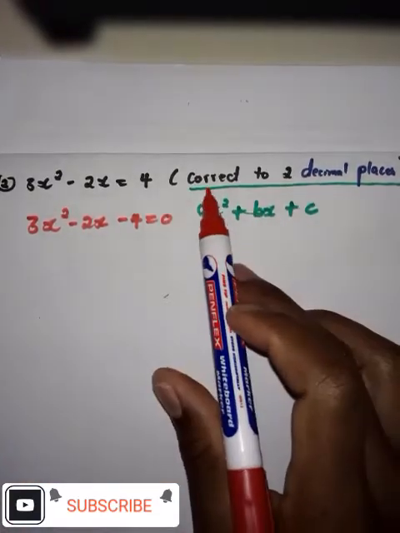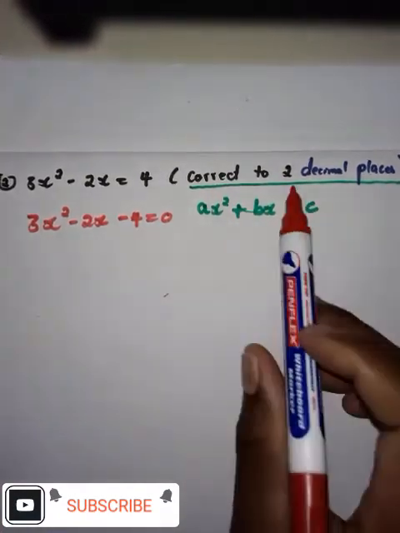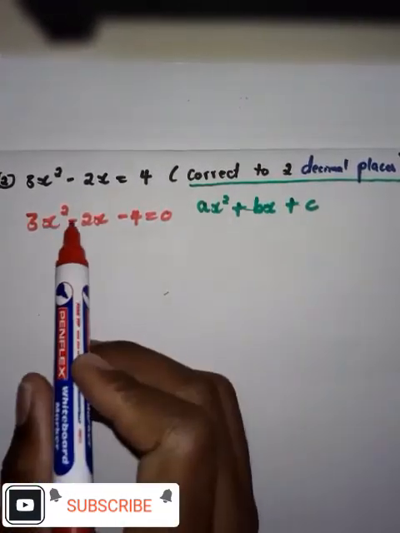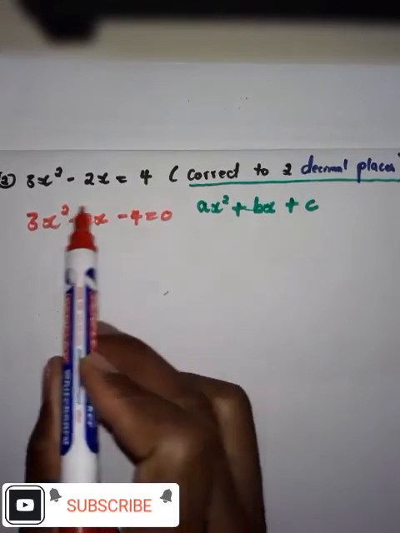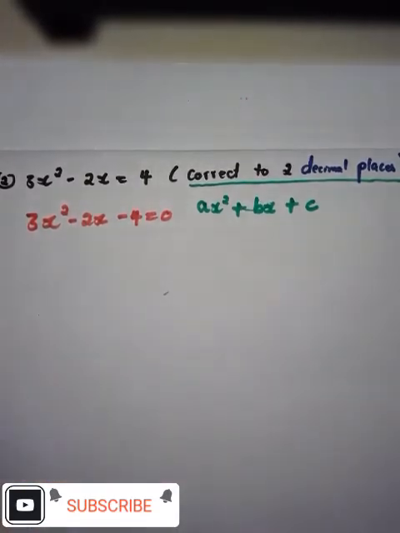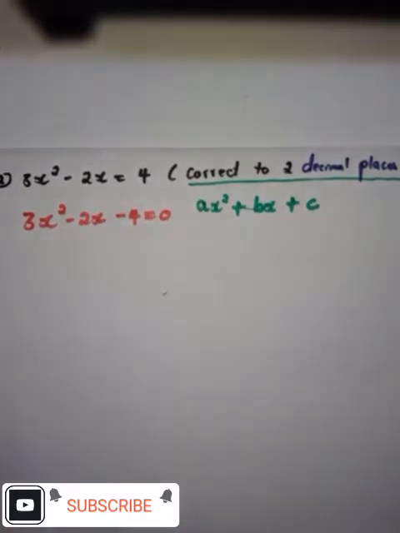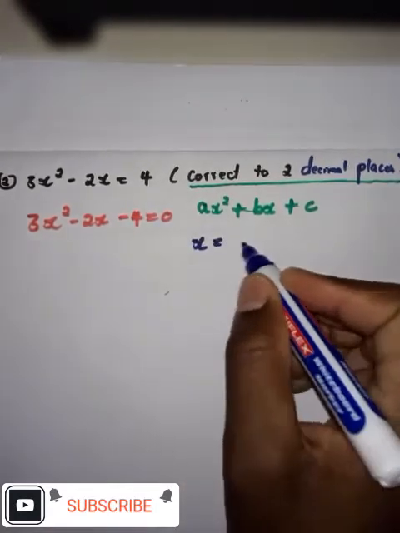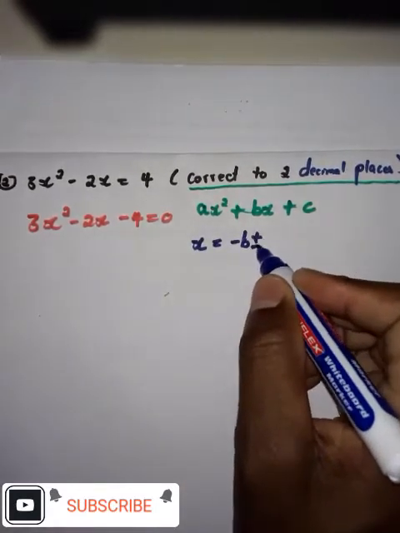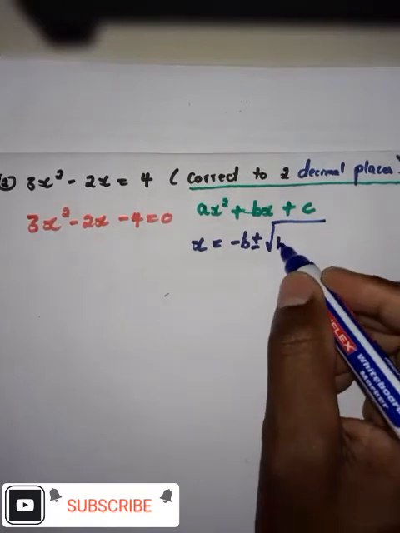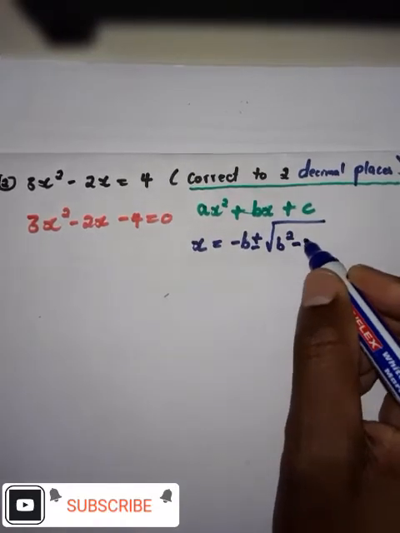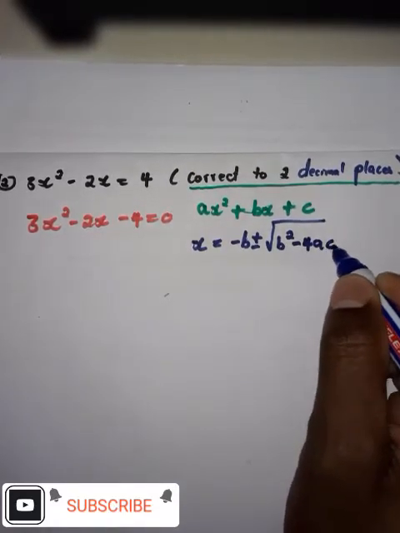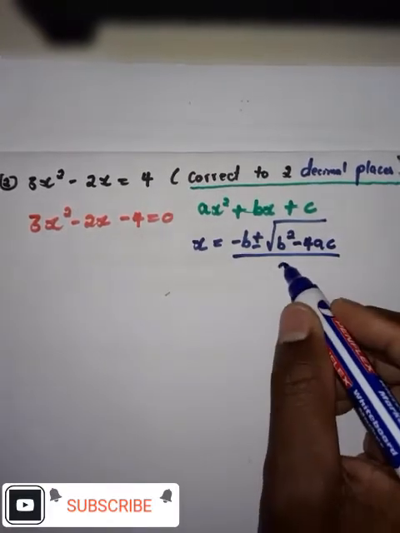Once they tell you correct to 2 decimal places, just know that they want you to take this expression and find the value of x using the quadratic formula. The quadratic formula says that x is equal to minus b plus or minus the square root of b squared minus 4ac, all divided by 2a.